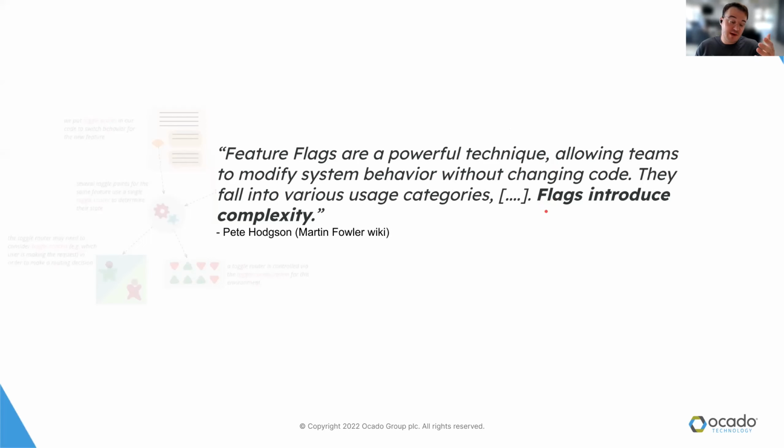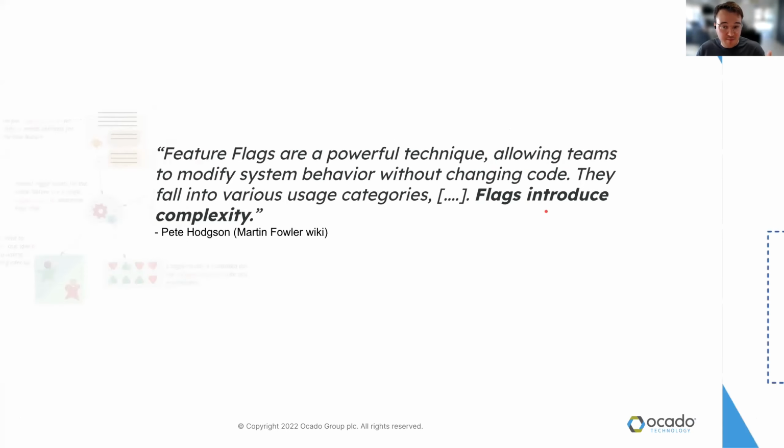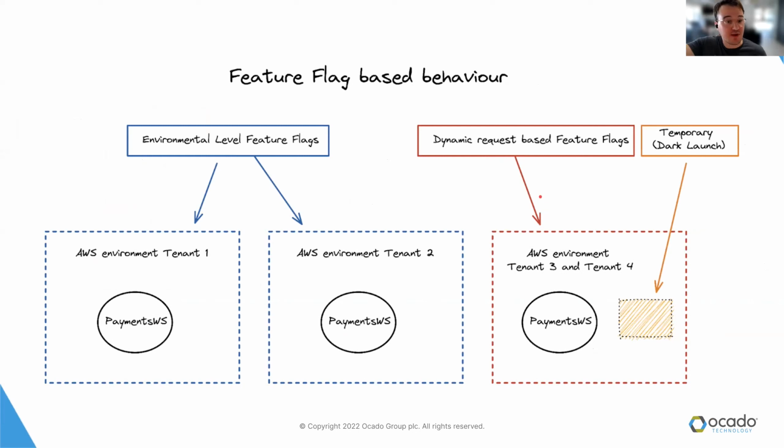And why is it important that I'm mentioning this here? Because in payments, the microservices we deploy to the cloud, to AWS, each client that buys our platform has a different AWS environment, and they want different behavior.